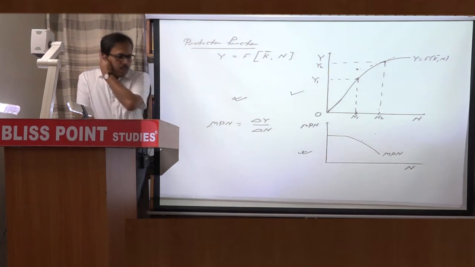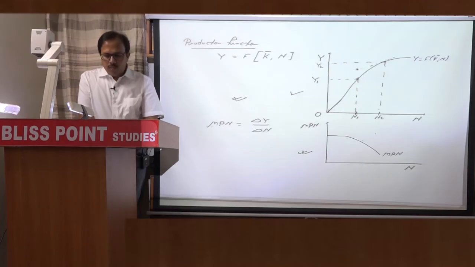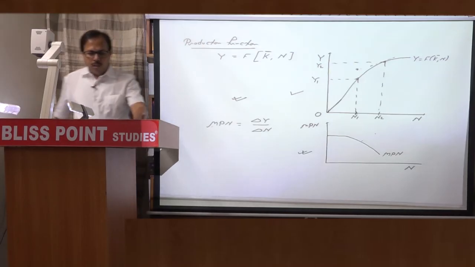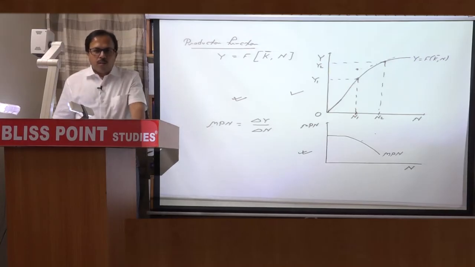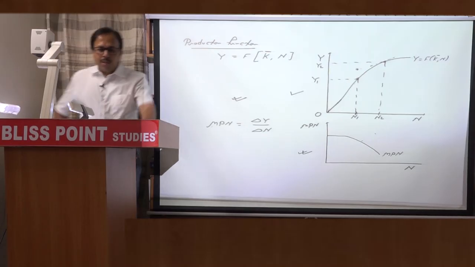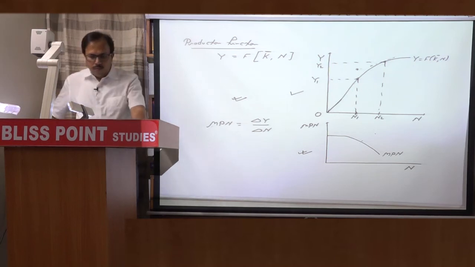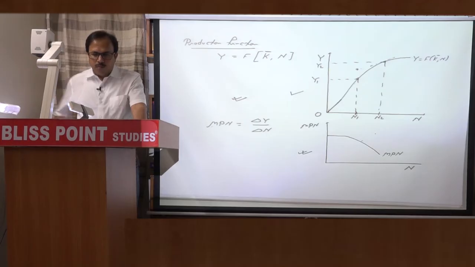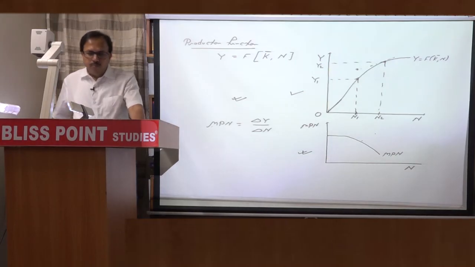The short run production function is a technological relationship that determines the level of output, given the labor input. Full stop.